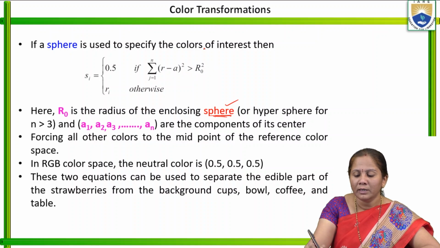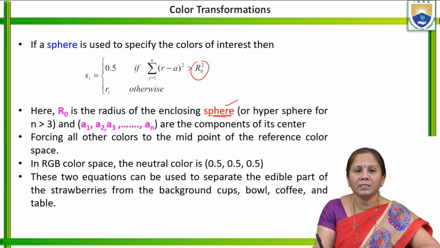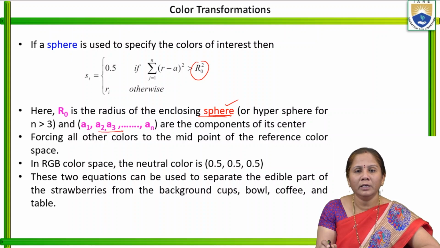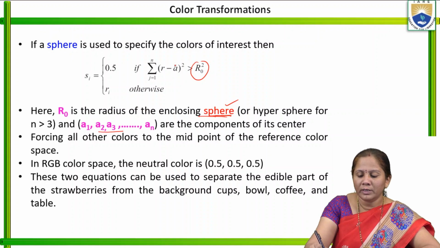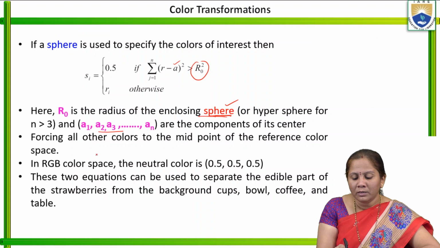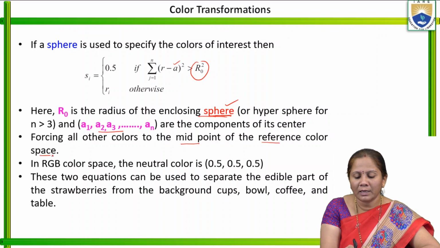Here R0 represents the radius of the sphere, and A1, A2, A3 and so on up to AN represent the color components. So we force all the other colors to the midpoint of the reference color space.